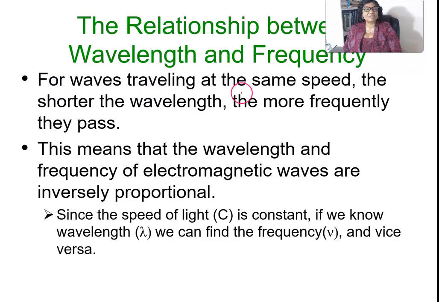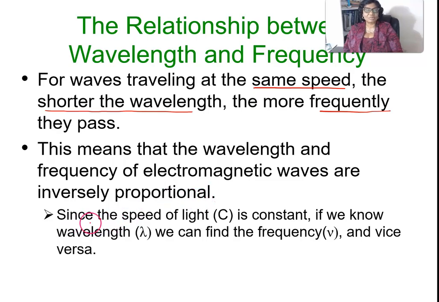For waves traveling at the same speed, the shorter the wavelength, the more frequently they pass through a particular point per second. This means that wavelength and frequency of electromagnetic waves are inversely proportional, as we have said.